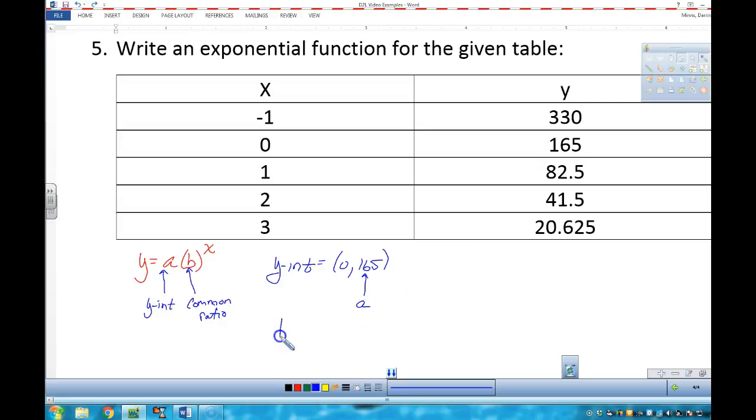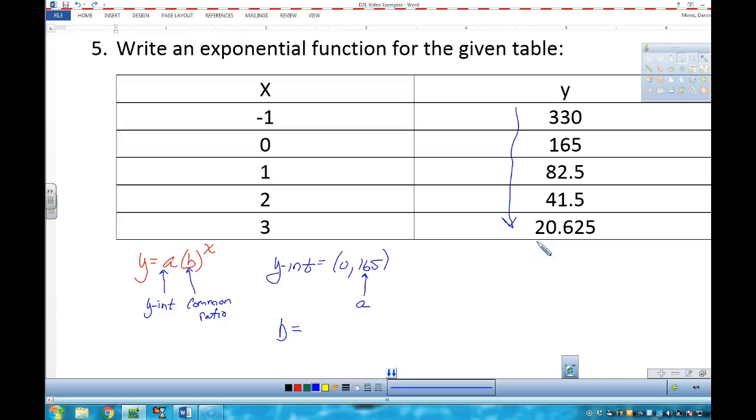Now we're looking for our b value, our common ratio, our multiplier. And we see the numbers are going down. We look over here at the y values, and the y values are going down. We know that when the y values are going down, the common ratio is going to be a fraction. So how do we go from 330 to 165?